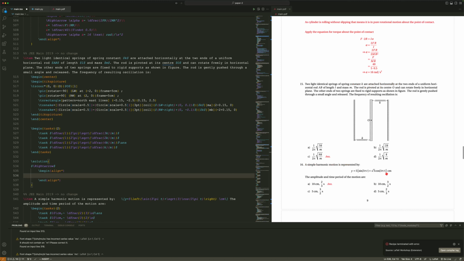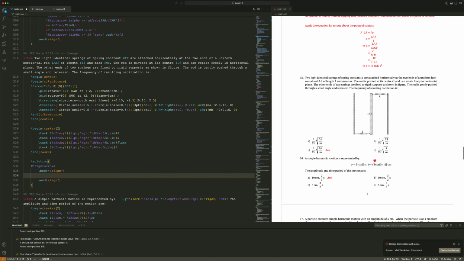Let's go to 15. So 15, as you can see, is a system in which a rod is pivoted at its center of mass, and there are two individual springs connected from both the ends, of equal spring constants. Let's zoom it a little bit.